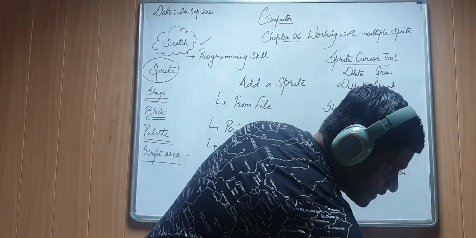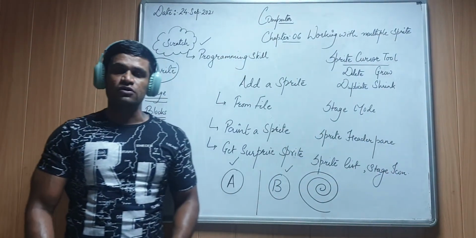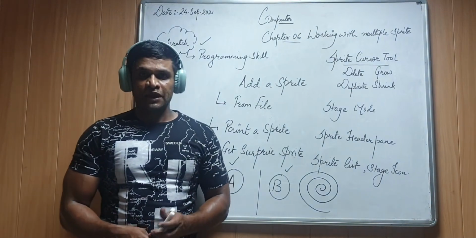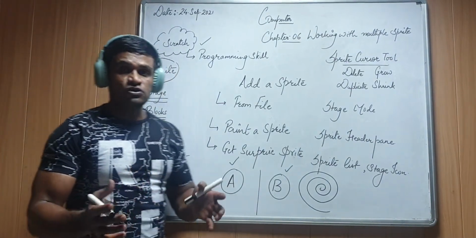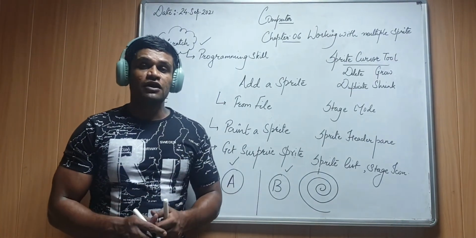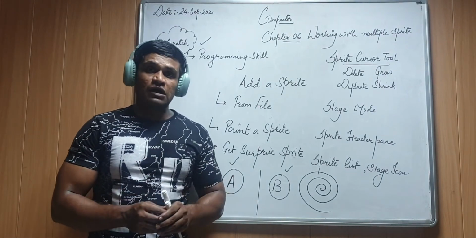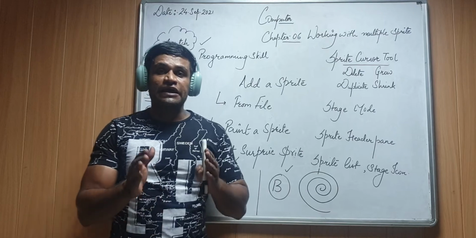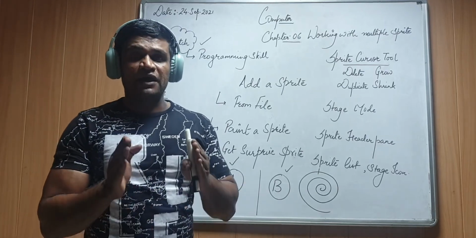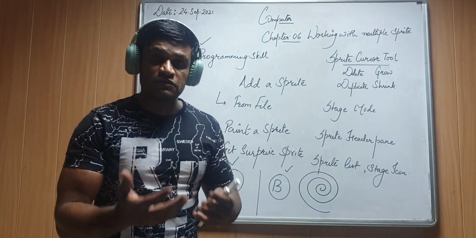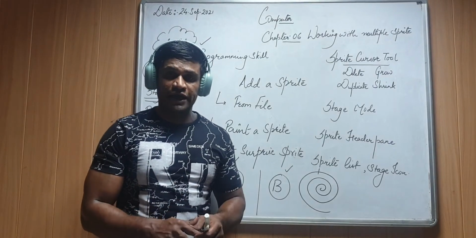And the last topic is adding a sound to the sprite. As we have talked about, we have lots of different animals, lots of different sprites. We can also assign them sound. You can make your cat sprite produce the sound of a meow.